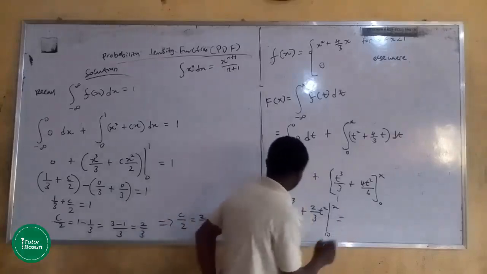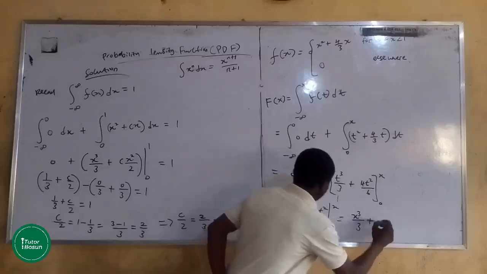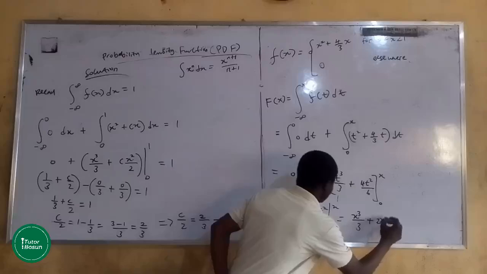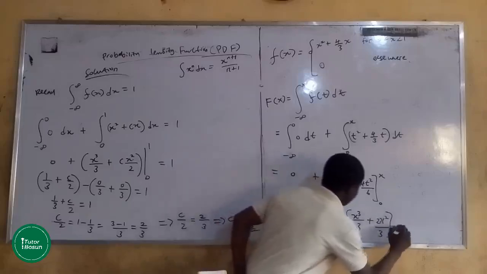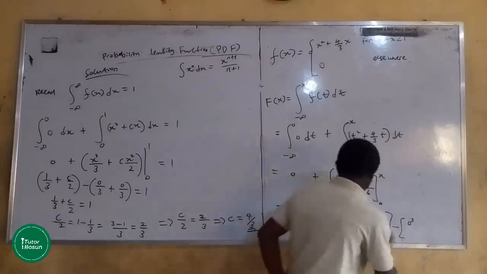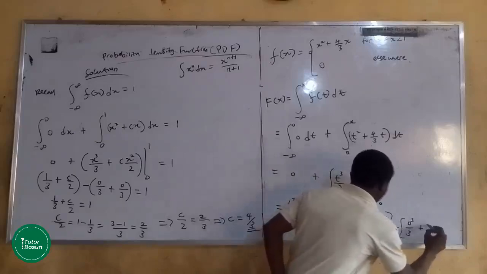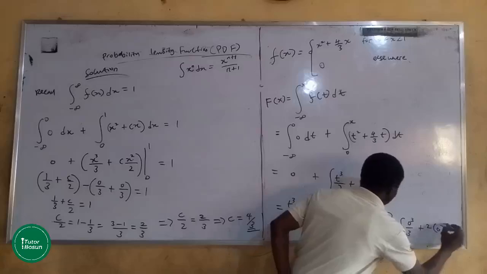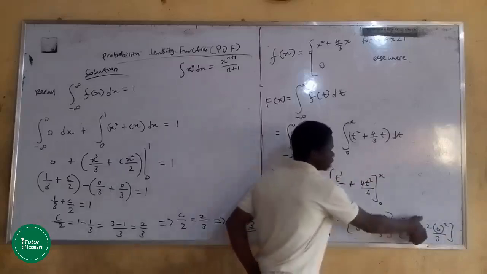Then using our boundary condition, we have x cubed over 3 plus 2x squared over 3 minus, 0 cubed over 3 plus 2 times 0 squared over 3. So automatically everything here becomes 0.